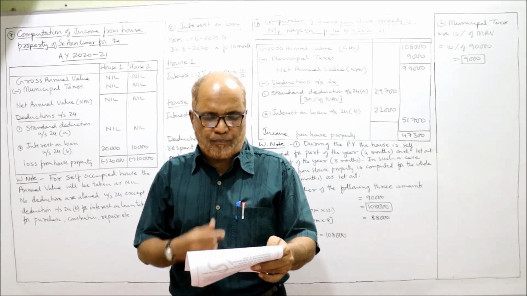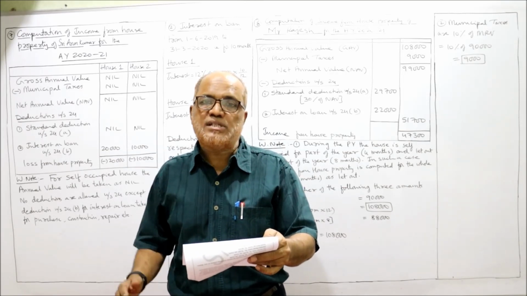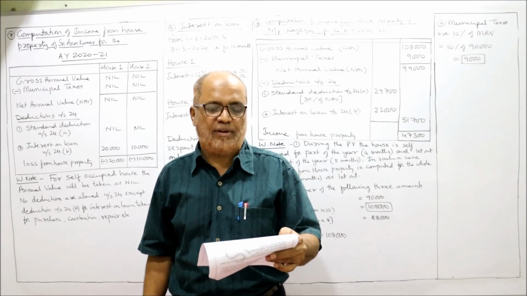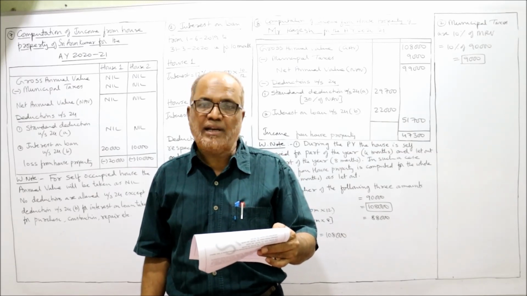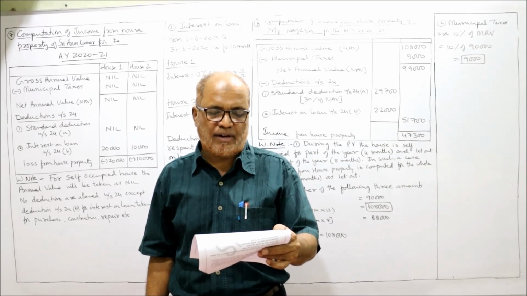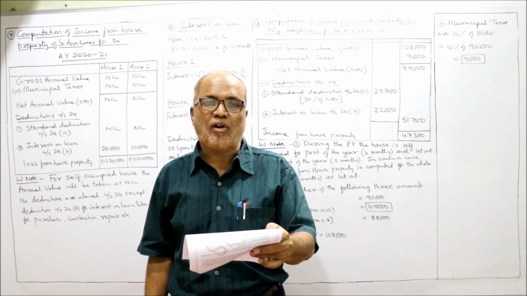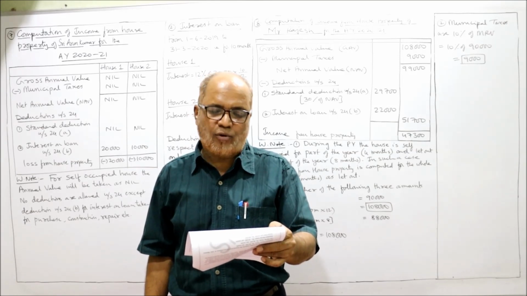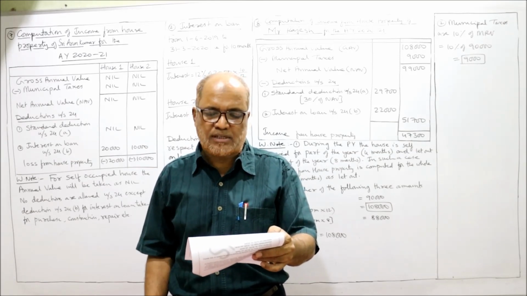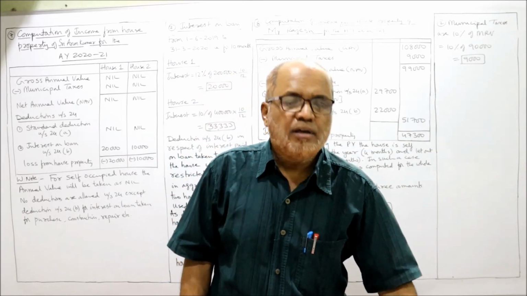Municipal rental value, MRV, is given 4,50,000. Rent of similar building, FRV, fair rental value, 3 lakh and 3,75,000. Municipal taxes 4,000, 4,500. Loan taken on 1st June 2019 for repairs, 2 lakh, 4 lakh, rate of interest 12%, 10%.